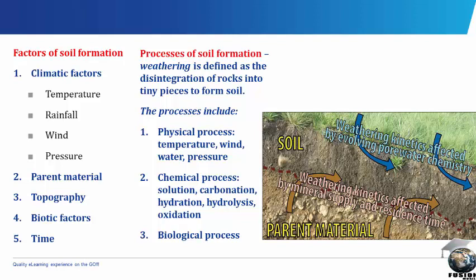The physical process includes temperature, wind, water, ice, and pressure, while the agents of chemical soil formation include solution, carbonation, hydration, hydrolysis, oxidation. Carbonation: atmospheric carbon dioxide mixes with rainwater to form weak carbonic acid. This acid dissolves rocks, resulting in their breakdown.